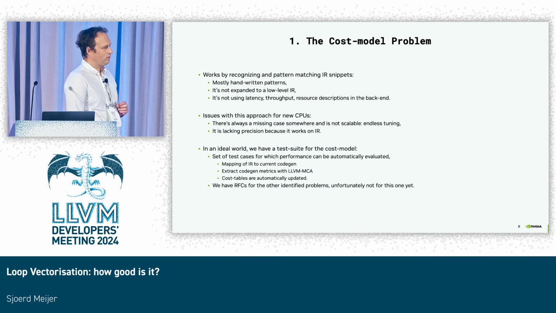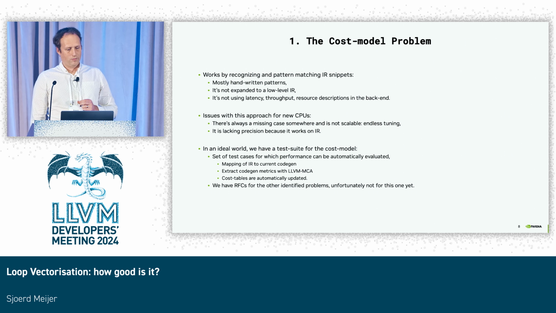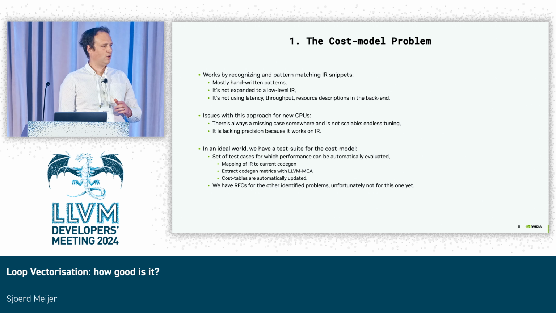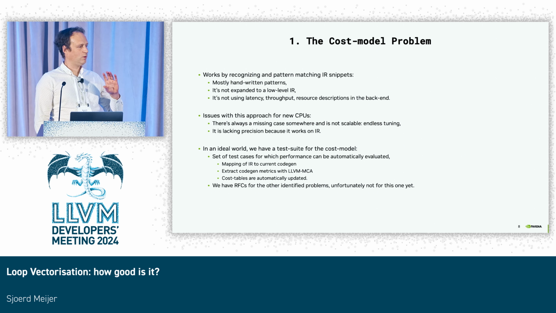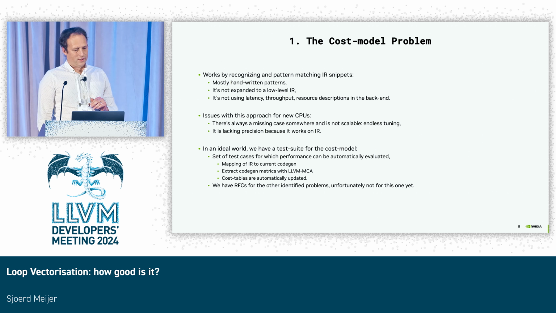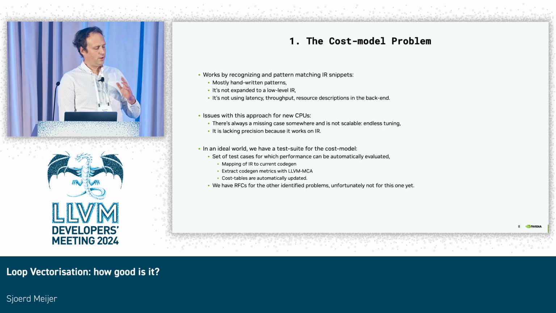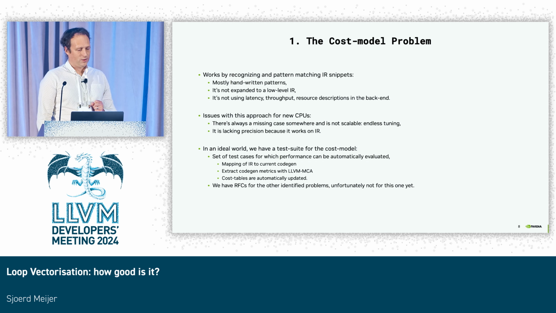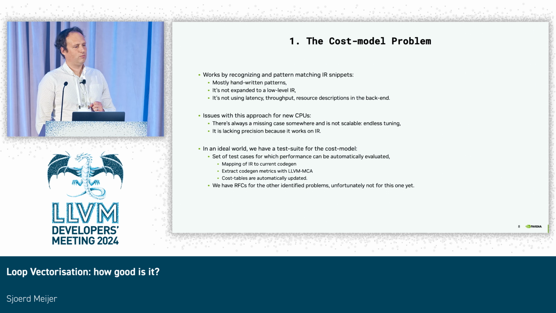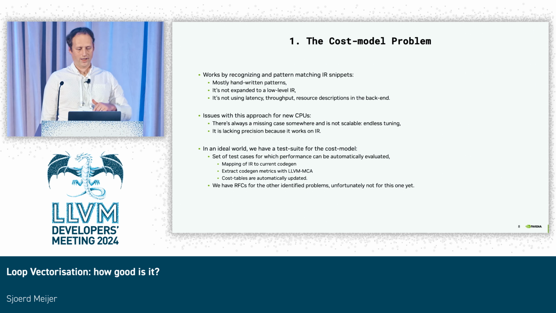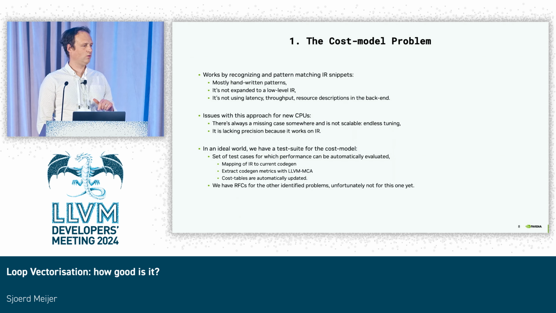Most of the patterns are handwritten, and it's not really expanded to a low-level IR, so you don't really know what you're cost modeling. But then the other problem is that we're doing this on IR, and it means we're not looking at any of the information that is available in the backend, like latencies, throughput, and resource descriptions. We don't have access to that.